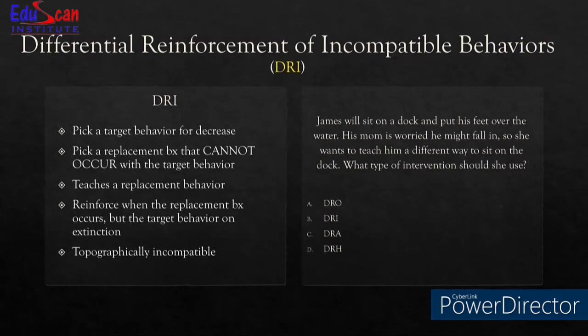So the moment the hands are locked, the hands are not available for pinching. So these are two incompatible behaviors, hands pinching and hands locked. Every time the child is keeping the hands locked, the teacher reinforces that behavior. So gradually, when the hands locked is reinforced, pinching automatically starts going into extinction.